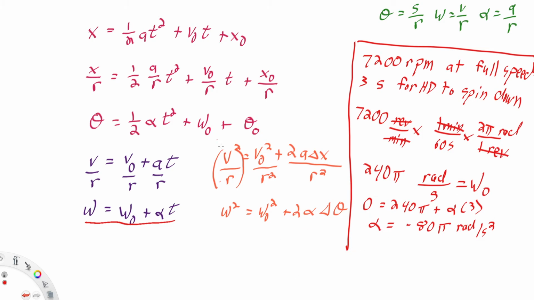Now that we've got everything, we can plug it into our purple kinematic here and say the angle that we rotate through on our way to spinning down is 1/2 times 80 pi times 3 squared plus 240 pi.